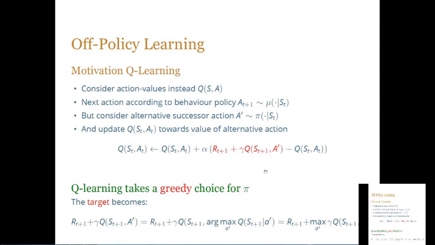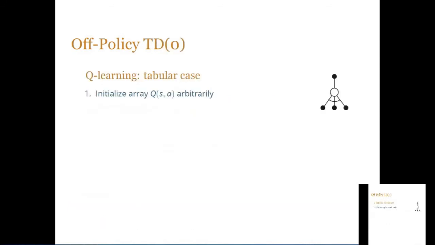This particular choice is the greedy action according to our current estimate of Q. If we take the greedy action, the argmax here, then we end up with the Q-learning algorithm. So Q-learning is a particular idea of off-policy learning that doesn't use importance sampling. And this is actually the real algorithm.